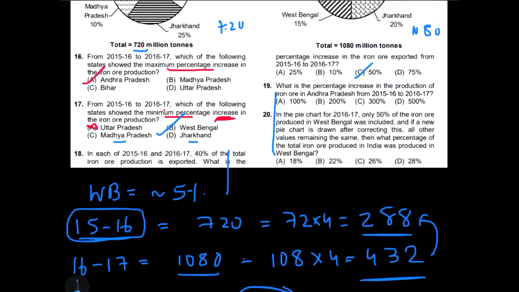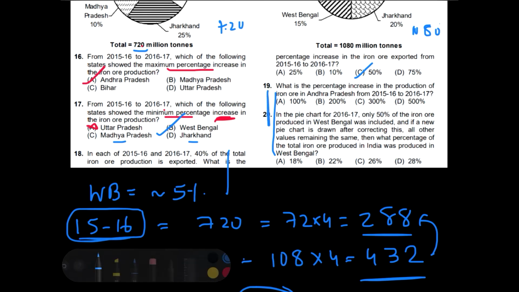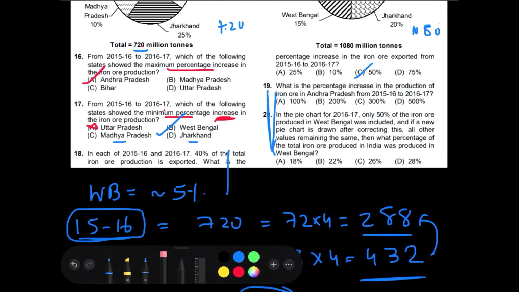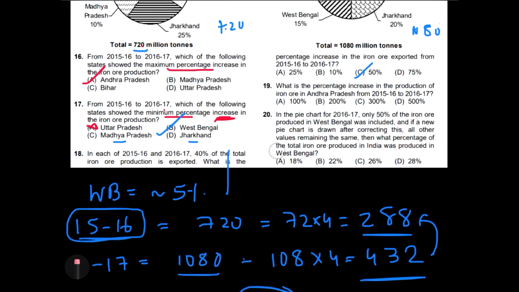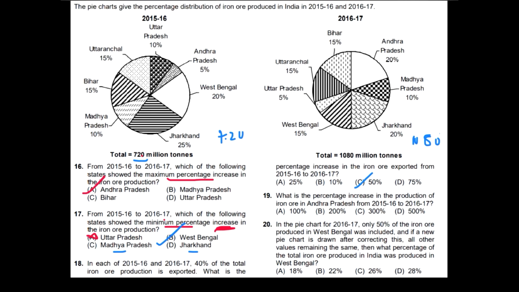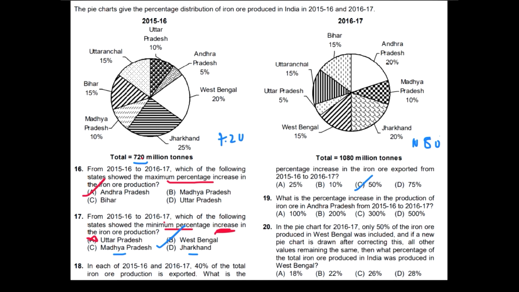Now, let's move down to the next question, that is question number 19. In question number 19, we could see that it is mentioned what percentage increase in the production of iron ore in Andhra Pradesh from 15-16 to 16-17. Now, this is again a percentage based simple question where we have to just compare the values of Andhra Pradesh in the two pie charts.